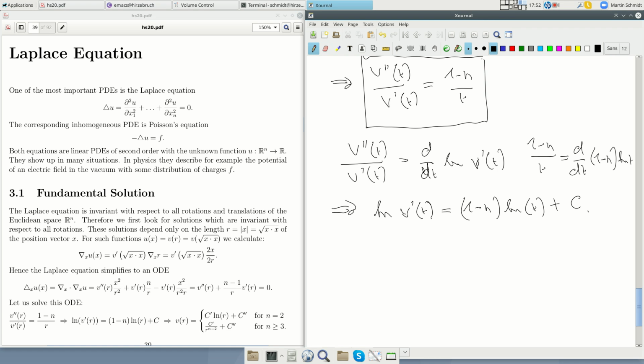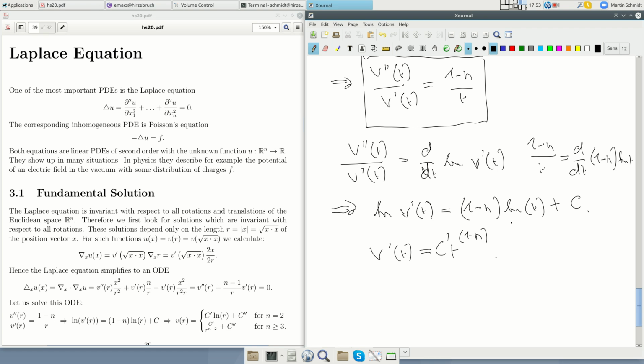So we integrated this once and obtained this equation. Now we can of course exponentiate, and then we get v prime of r is equal to the exponential. Now this exponent is r to the power of 1 minus n, times some constant c prime. The exponential of a constant gives a multiplicative factor. So now we have this equation.